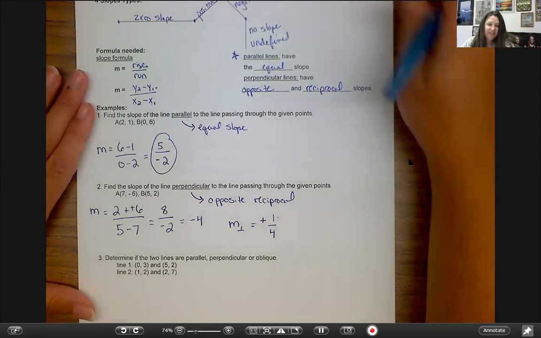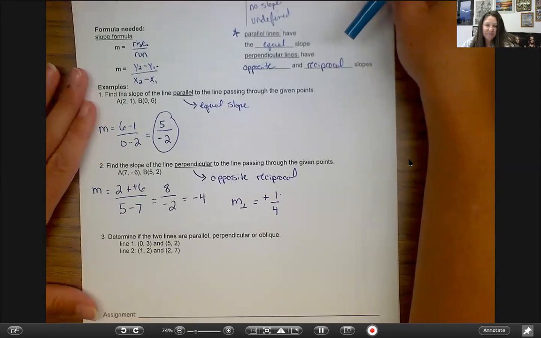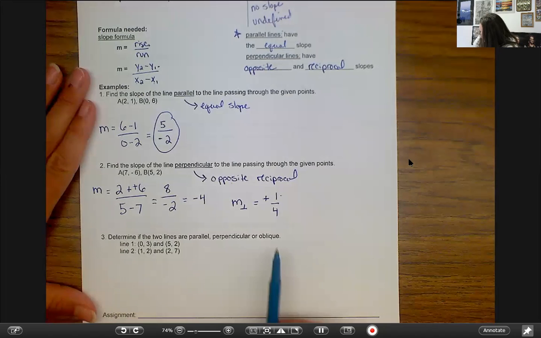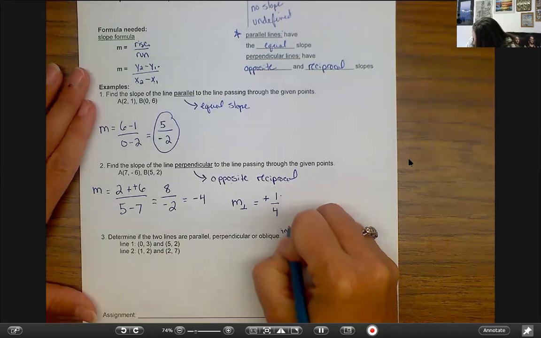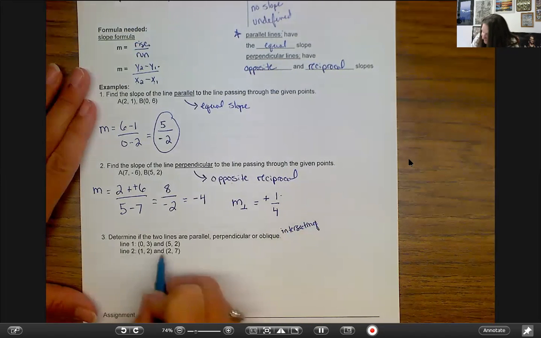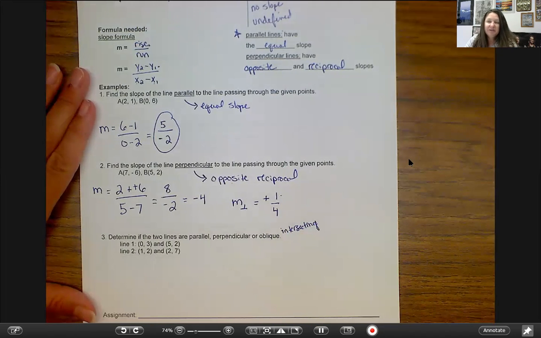Now, if we look at lines either being parallel, perpendicular, or oblique, meaning it doesn't fit into either one of those, they're just going to be intersecting lines. We'd want to actually calculate what their slopes are because we can compare the slope or the slant of the line to tell what type of lines we have.